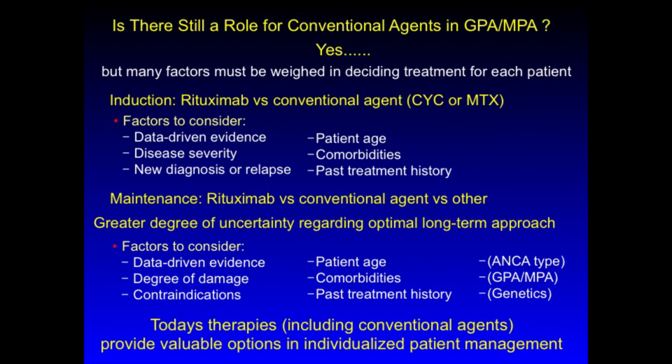Maintenance, I think, is more challenging in terms of the degree of uncertainty. And again, we have those same factors, potentially leading intriguingly into questions that Dr. Specks may probe as far as what we do in thinking about ANCA type, phenotype, and the increasing role of genetics and how that may lead to personalized approaches.